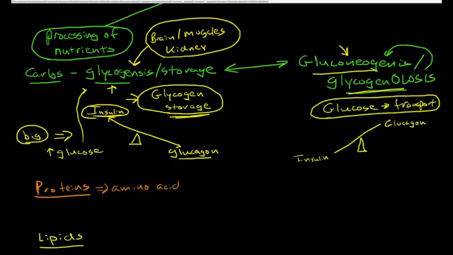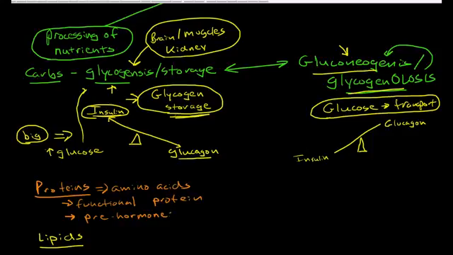Now the liver puts them back together into pieces, and some of these are functional proteins, and some of these are pre-hormones and other pieces of proteins that are going to be built up further in other cells.